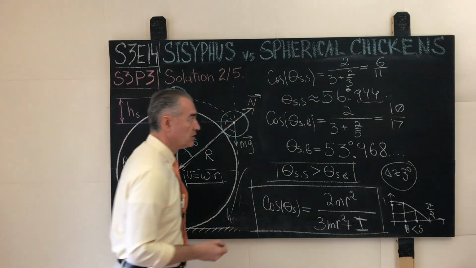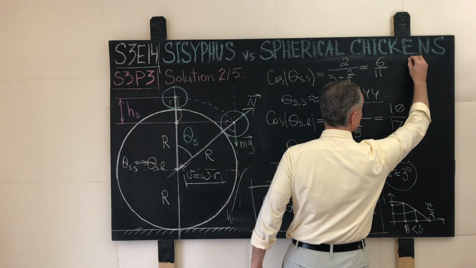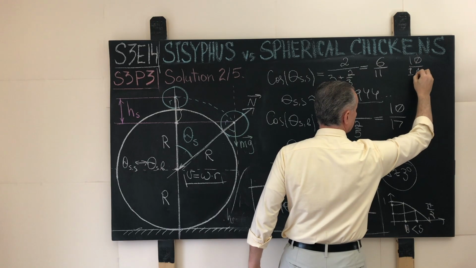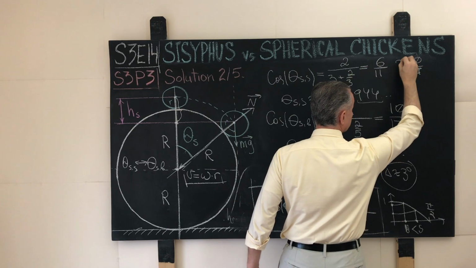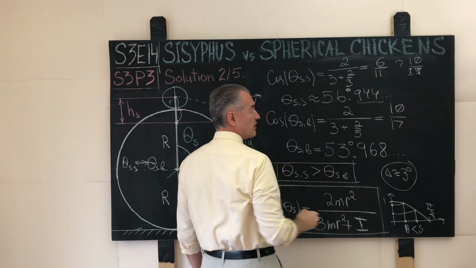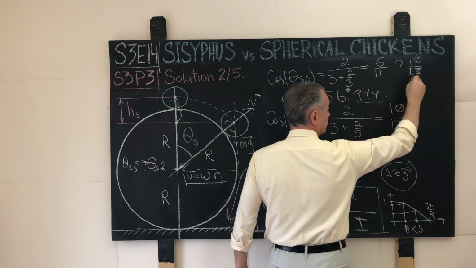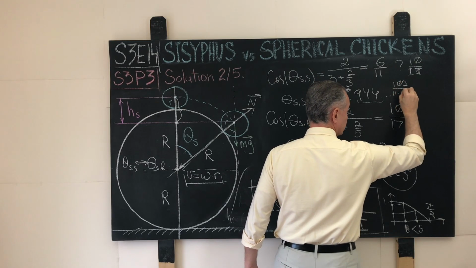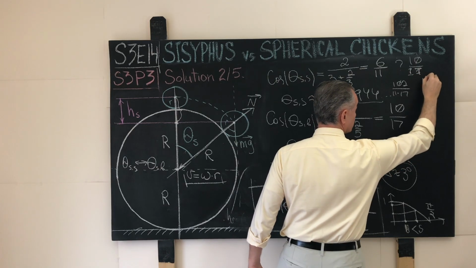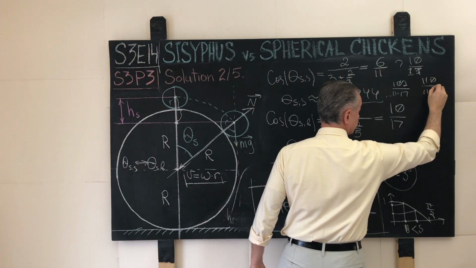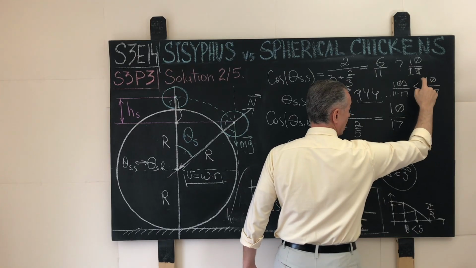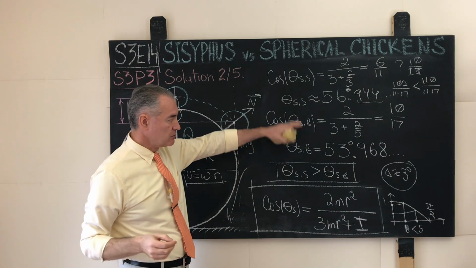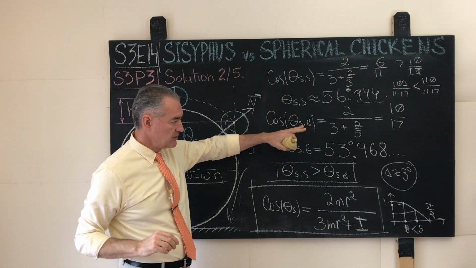And how can we show that? Well, let's juxtapose 6/11 against 10/17. What is the relationship between them? 6 times 17 is 102 over 11 times 17, and here we will have 110 versus 11 times 17. So evidently 110 is larger than 102, purely theoretically, without any calculators or any other aid.